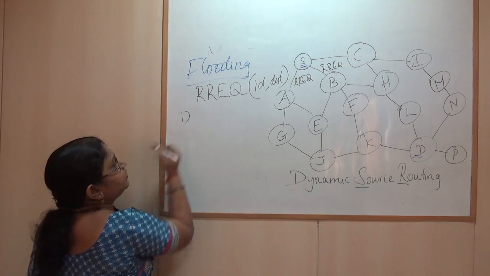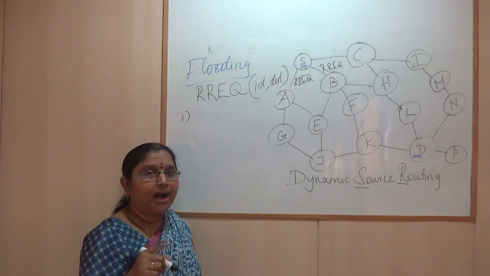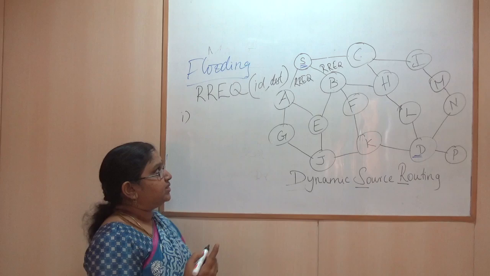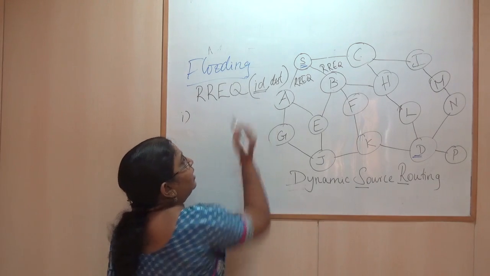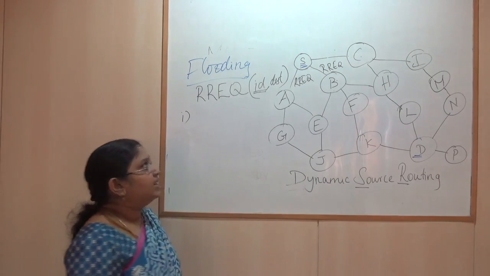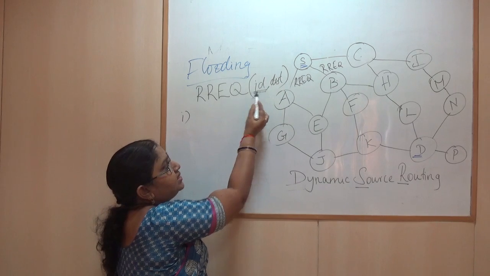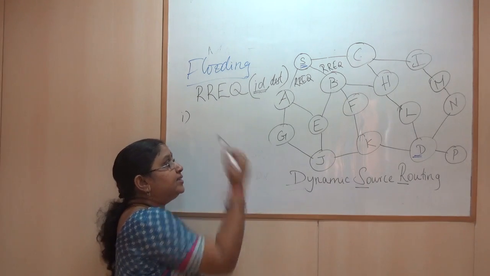The first thing is it checks whether the message is a new one or an already received message. With the help of the ID of each outgoing message, it looks at whether this ID is a new ID or an already received ID.